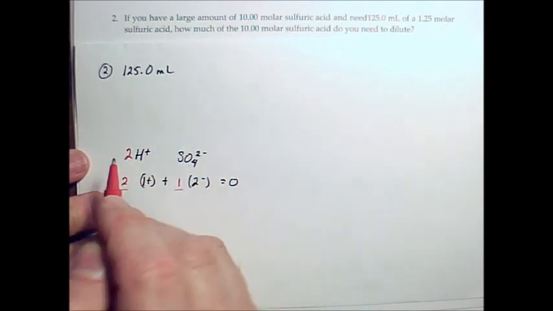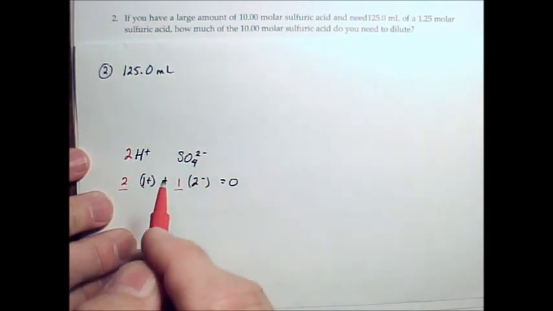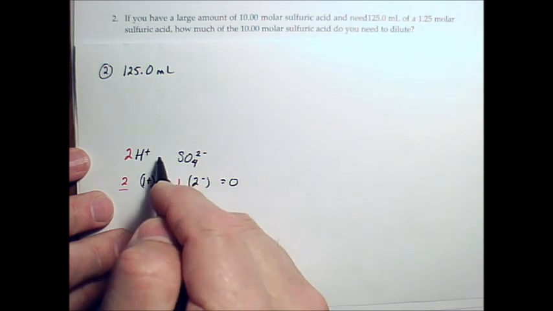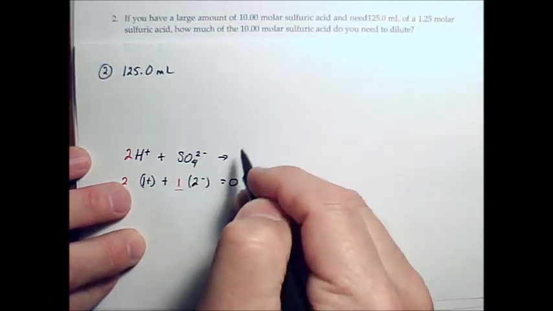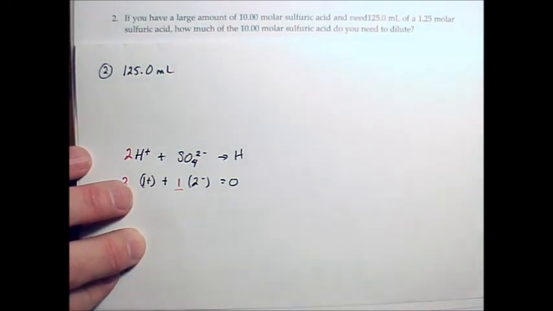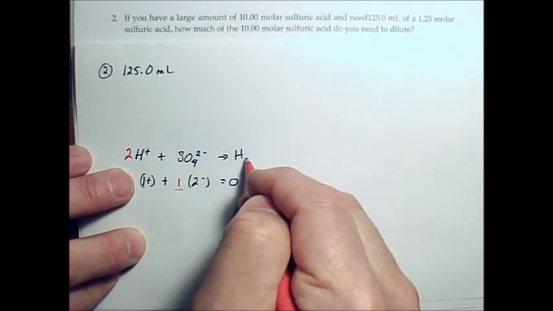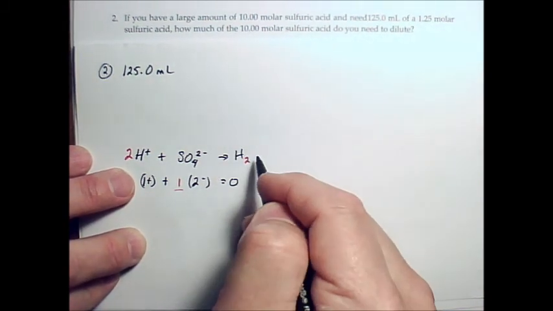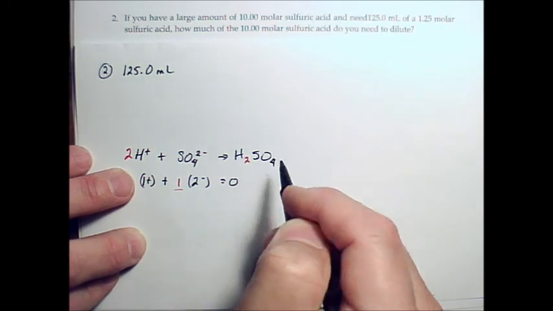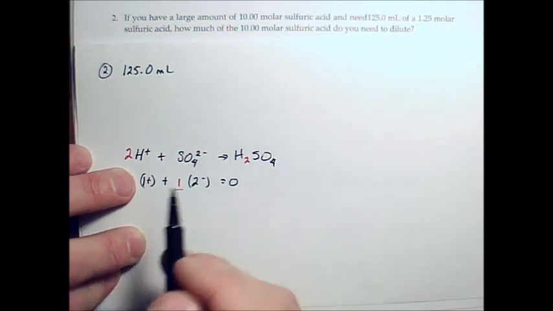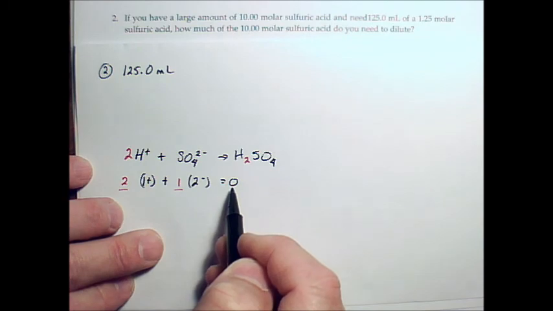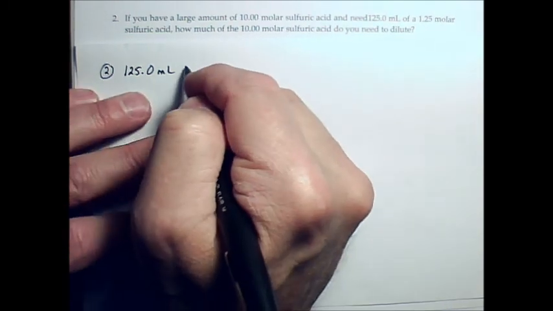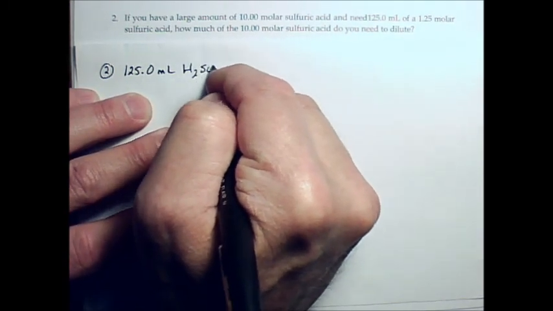I need 2 particles with a plus charge, and 1 of those. To show I have 2 hydrogens in a bonded formula, the coefficient becomes a subscript, H2SO4, and there are no charges in the formula. The charges have been canceled out.